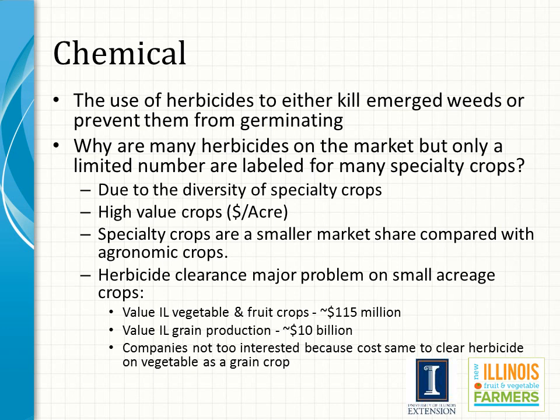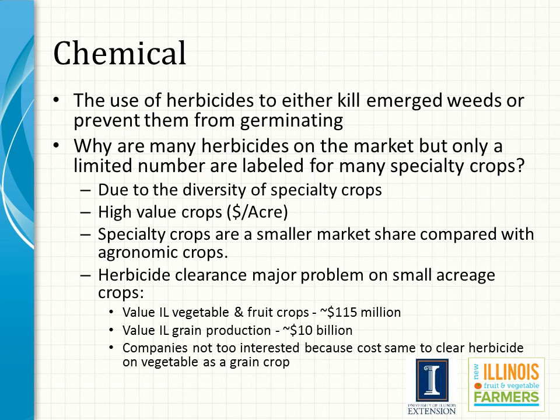With this diversity of crops brings a diversity of challenges trying to ensure crop safety for all these different crops with a given herbicide. Also, they're high value crops, so should there be any injury, there's a lot of dollars at stake. Also, specialty crops are a smaller market share compared with agronomic crops.